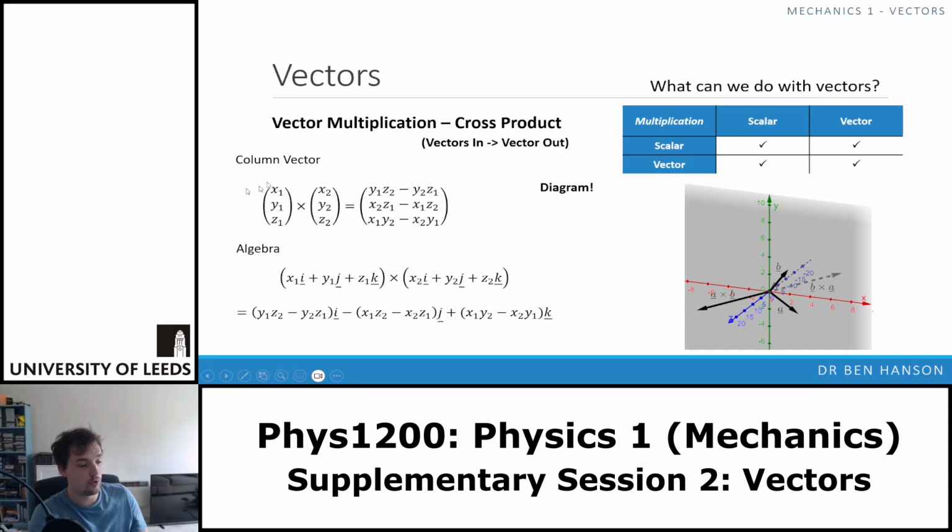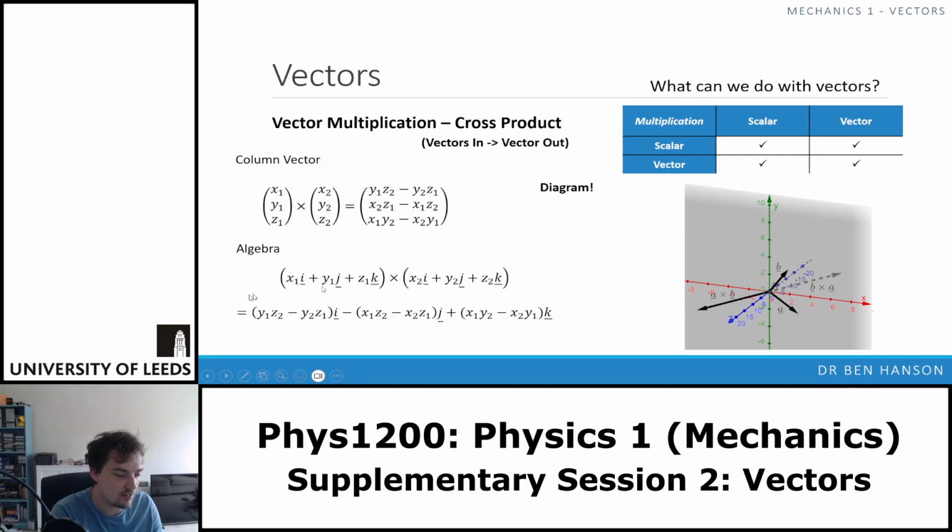And we can actually prove that to ourselves using i cross i equals 0, i cross j equals k, j cross k equals i. If we times these things out, just like we would times out regular brackets, we would get x1i times x2i.